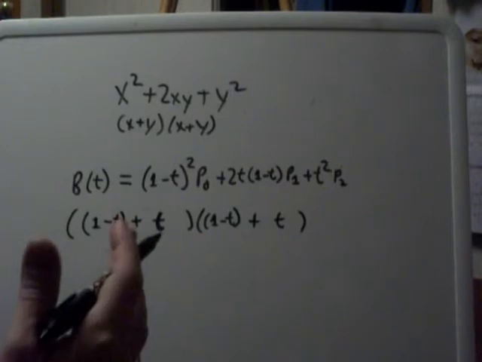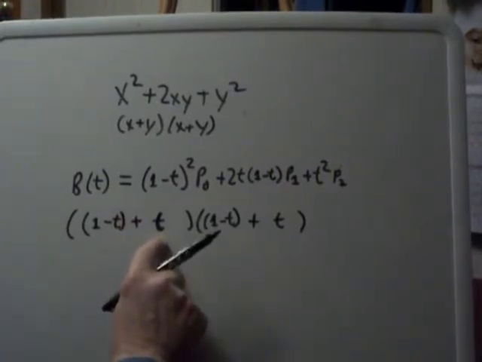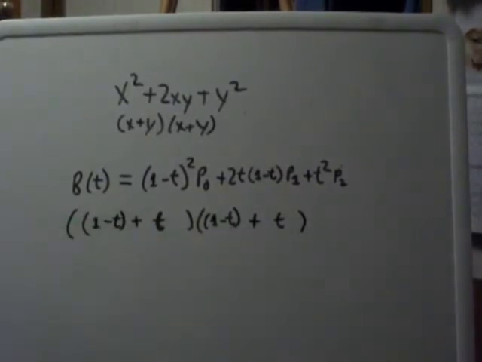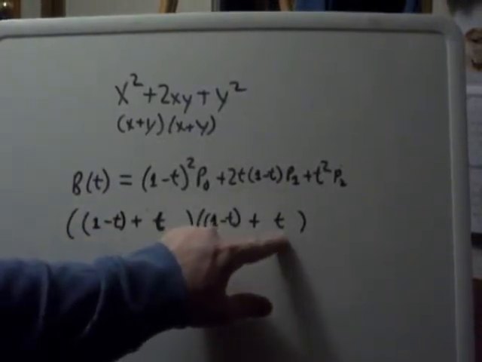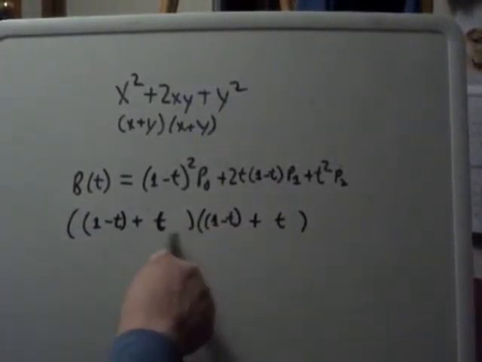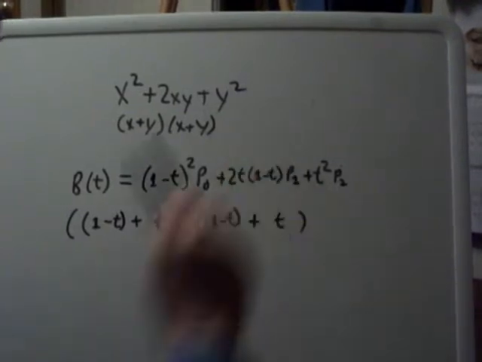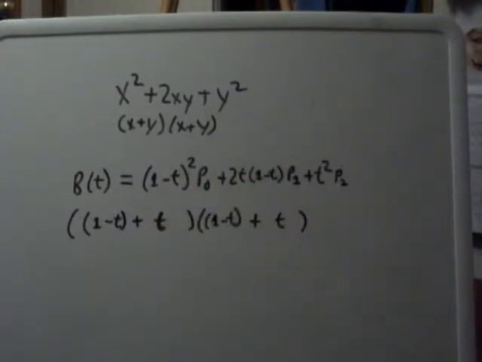I'm trying to make this look like the lowercase t here, okay? I know those plus signs might throw you off, but this is the lowercase t here, this is the lowercase t here. What is t times t? Well, that's t squared. That's what it is.